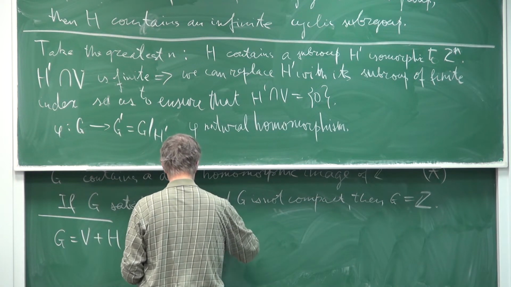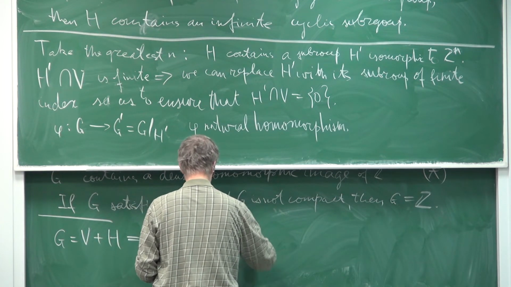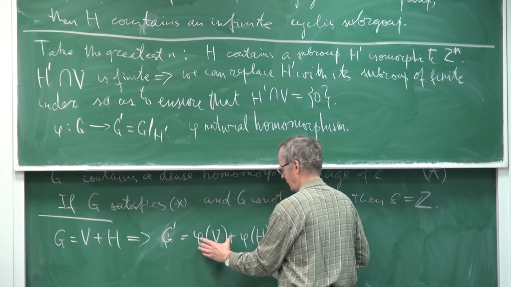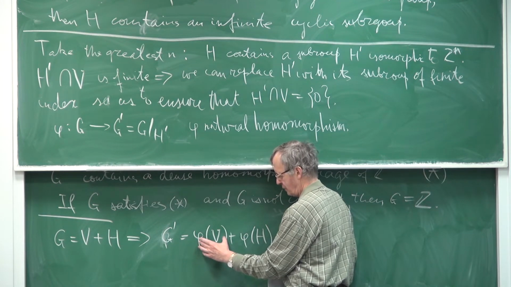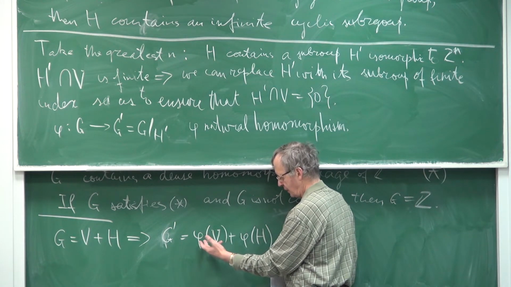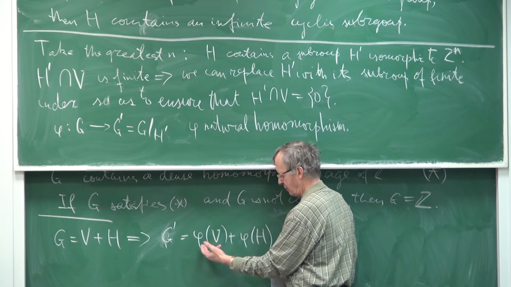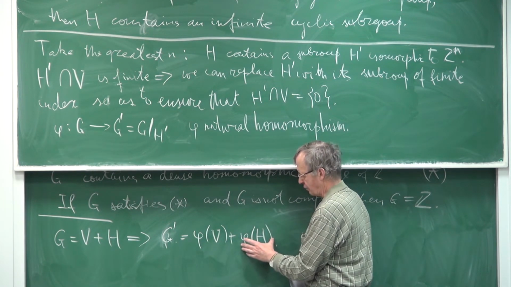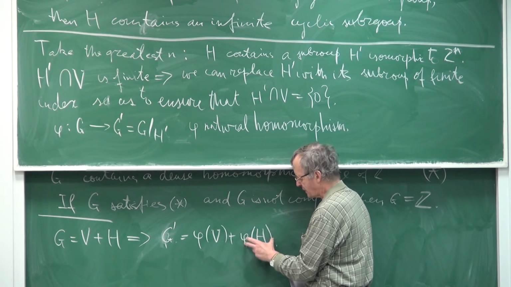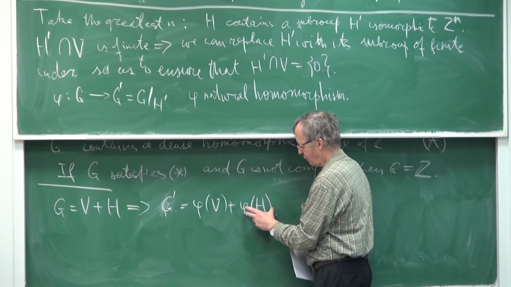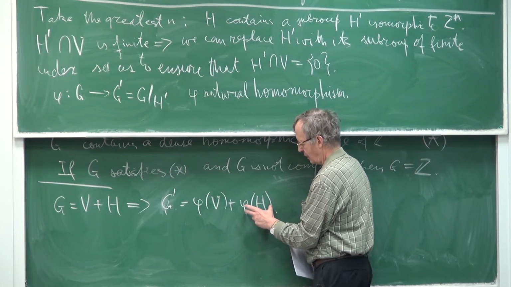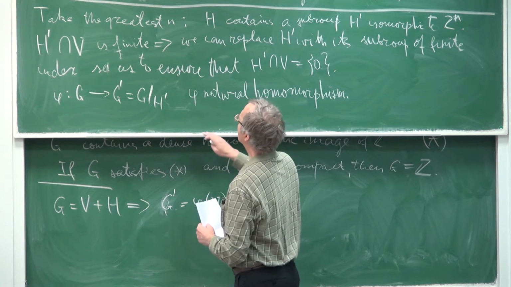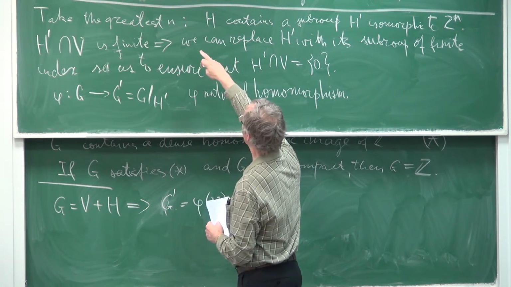V plus phi of H. Now here again, phi of V is a compact neighborhood of 0 because phi is open and continuous. And this is again a finitely generated subgroup of G prime, but this time this subgroup has no infinite cyclic subgroups, because otherwise this number n would not be minimal.